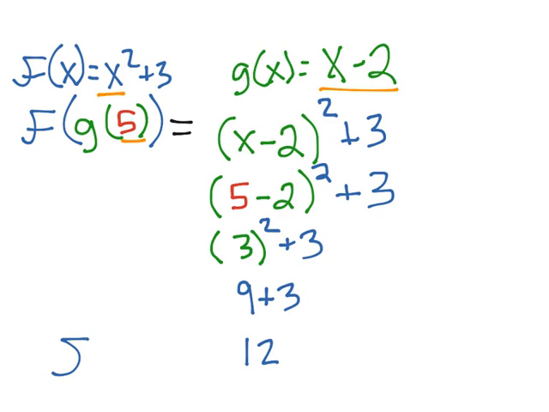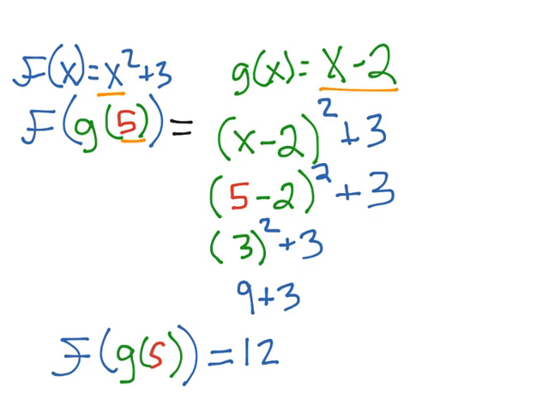So in the end, once again, f of g of 5 is equal to 12. As always, you can use one method and check it with the other. So long as both equations come out the same, you know you've done things correctly.